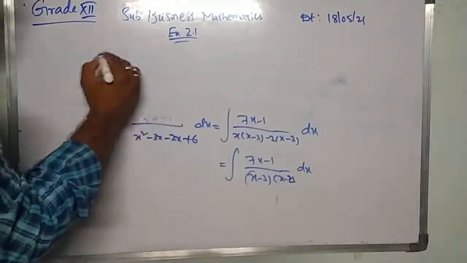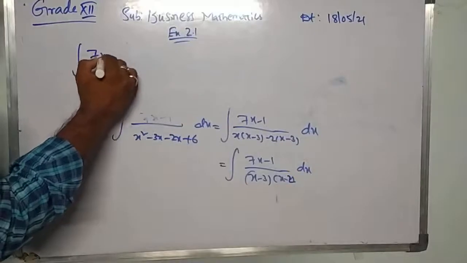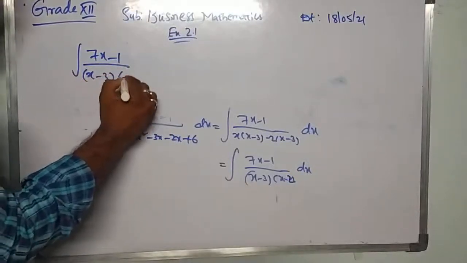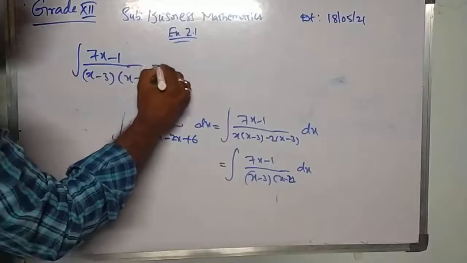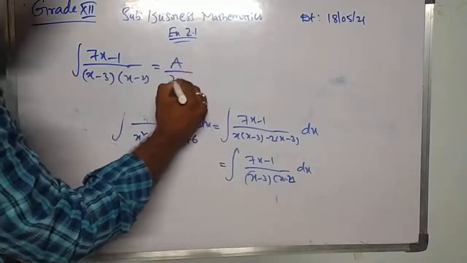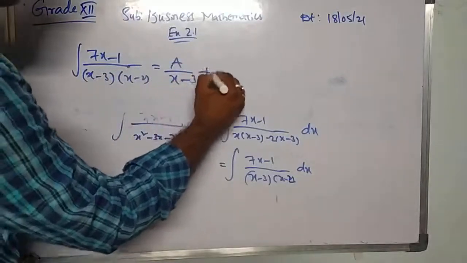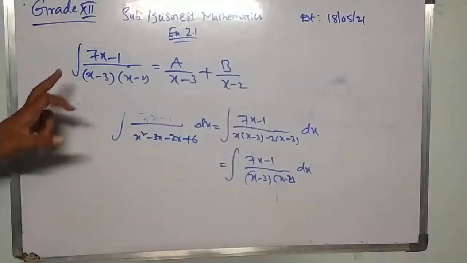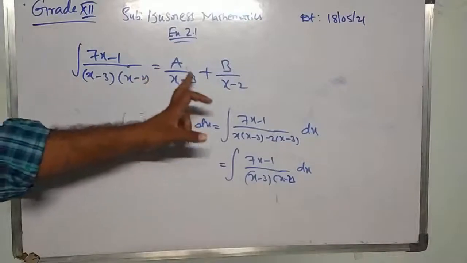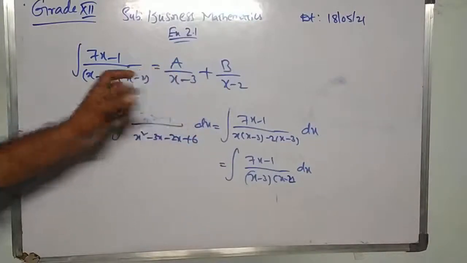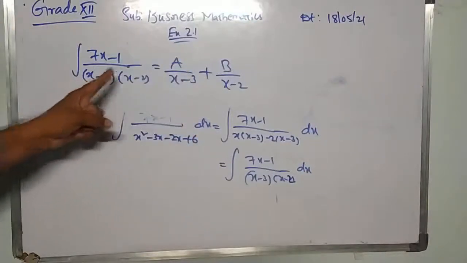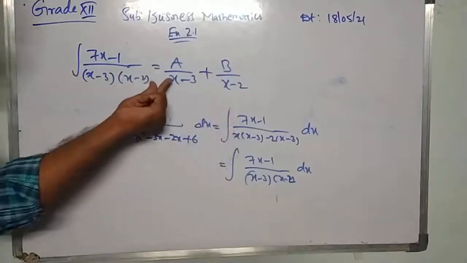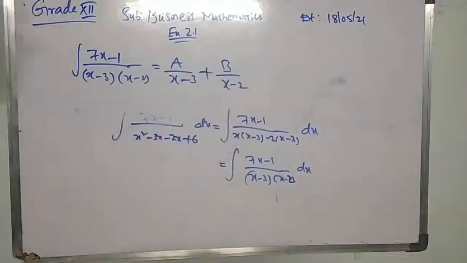This can be written as 7x minus 1 divided by x minus 3 into x minus 2 equals A by x minus 3 plus B by x minus 2. Since it is linear, there is no need of mentioning Ax like that. If it is quadratic, we have to mention it. Since it is linear, directly A by, B by. If I get x minus 1 or some other factor, it will become C by.